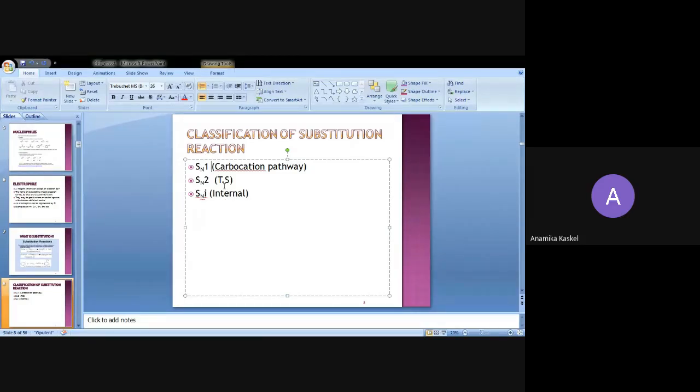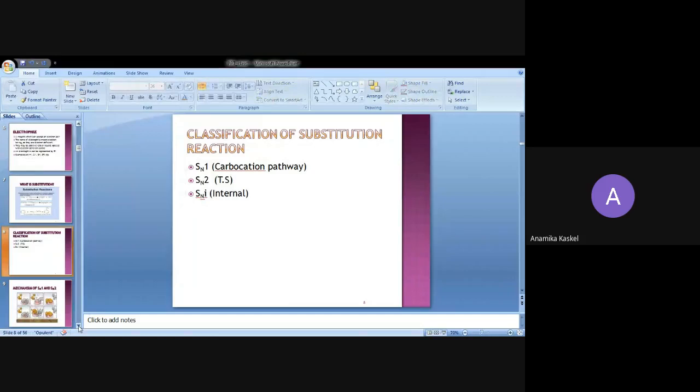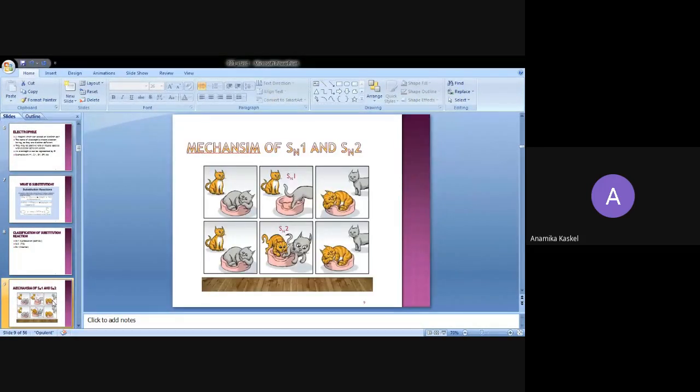I means internal. That means there is no requirement for a different nucleophile or different transition state. This reaction is a fully internal process. We will discuss this one later. But today we discuss Sn1 and Sn2, just a brief idea of which type of reaction is going on, why it is the carbocation pathway, etc. Before discussing this, I will give you one example for the Sn1 and Sn2 mechanism.